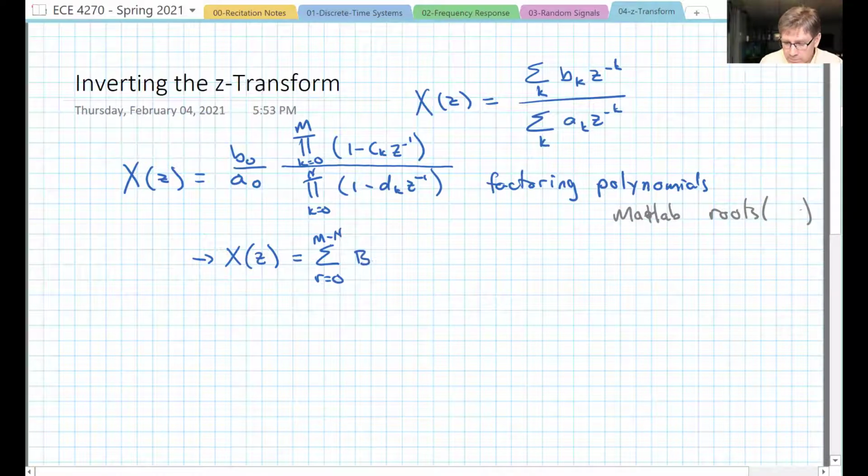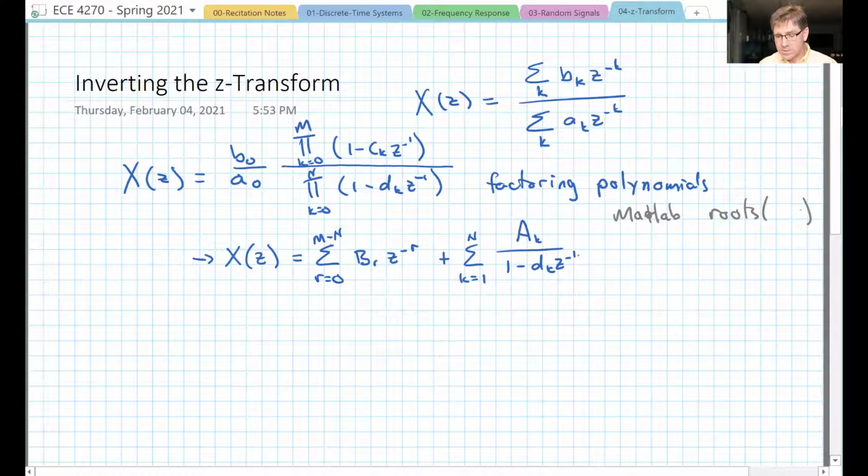And this result is going to give you a bunch of z terms out front, depending on the relative orders of the numerator and denominator polynomials. And then terms like this.